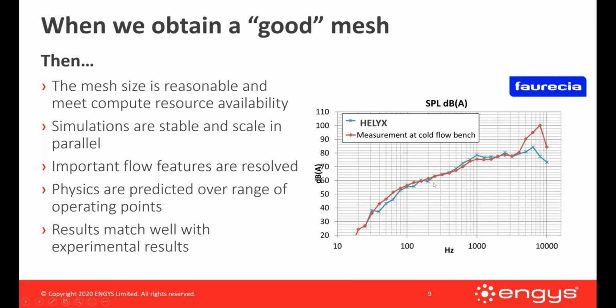The success of this was partially from the solver and also from a good mesh. If we had a poor mesh and we didn't resolve the flow features well enough, we wouldn't match any of these points. So this was a combination of meshing and also physics.